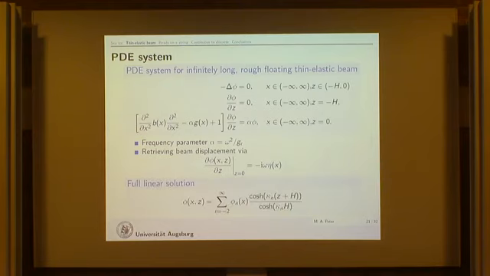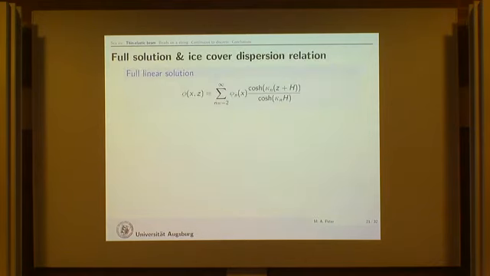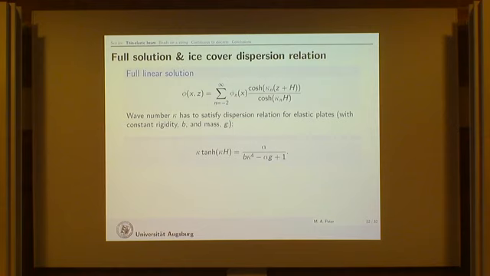boundary condition. Now my full linear solution not only contains 4 modes, but it has depth dependence modes, and there's actually not just 4, but there's a whole bunch of them. I can set up the problem as before. My local wave number now looks like this. This is the dispersion relation I get for a thin elastic beam floating.